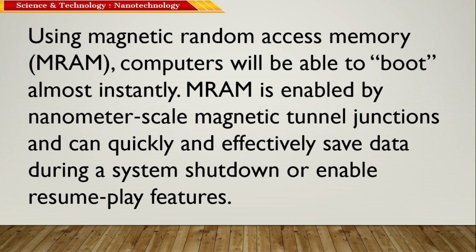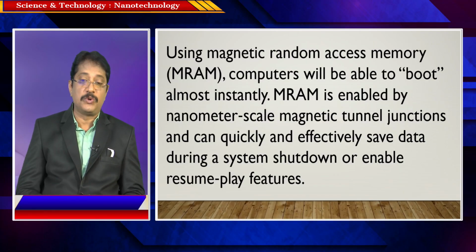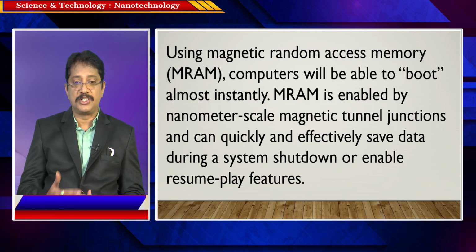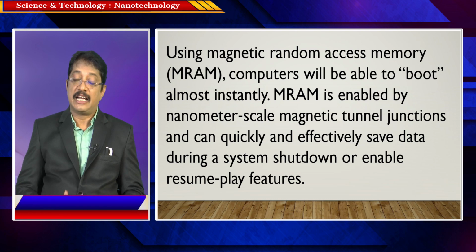The MRAM is enabled by nanometer scale magnetic tunnel junctions and can quickly and effectively save data during a system shutdown or enable resume play features, correct? For example, if your system suddenly shuts down, you want to enable the resume play features and save the data effectively and quickly, these nanometer scale magnetic tunnel junctions will play a very important role.